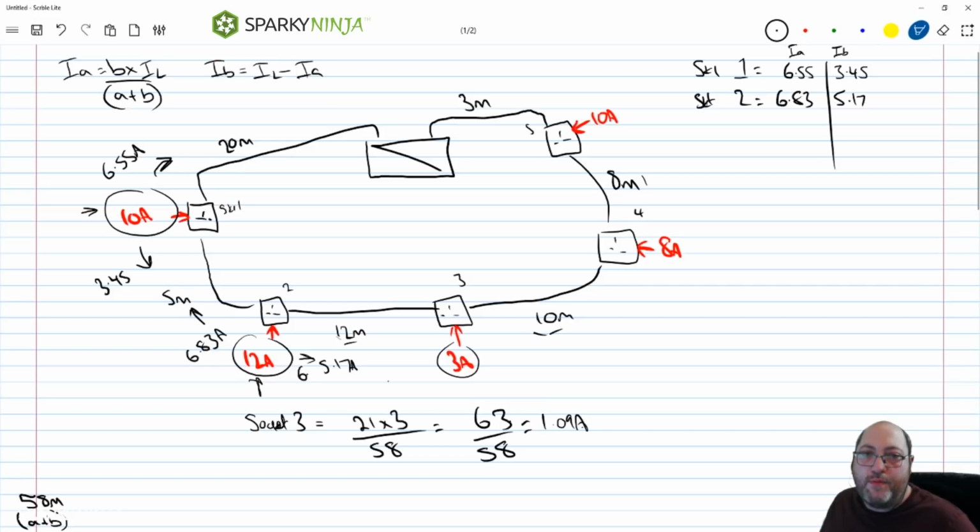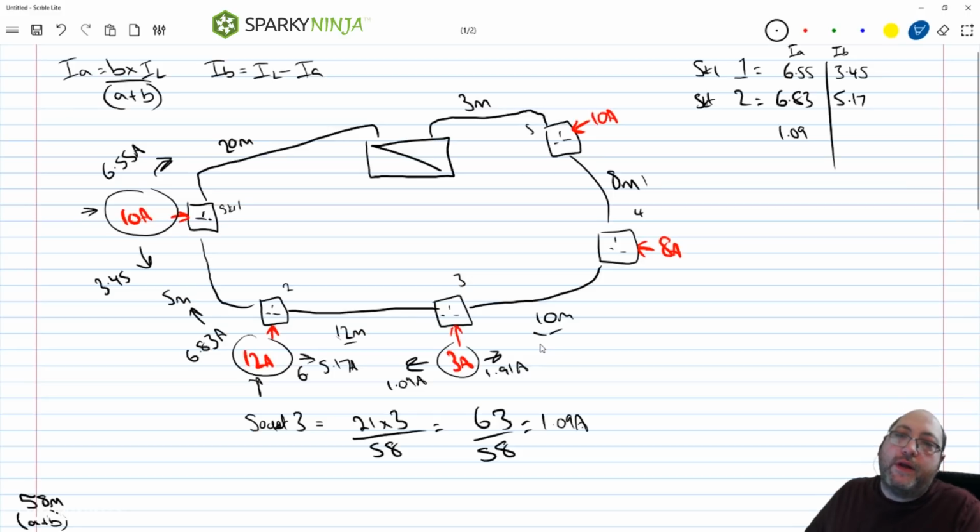So of this 3 amp, 1.09 of it is going that way. And 3 minus 1.09 is 1.91. I can't be asked. And 1.91 of that is going that way. And if you think about that, more amps are going that way round because it's a shorter run, 10, 18, 21, compared to this longer run. So we have a 1.09 and a 1.91. Socket 3. Let's go to socket 4.